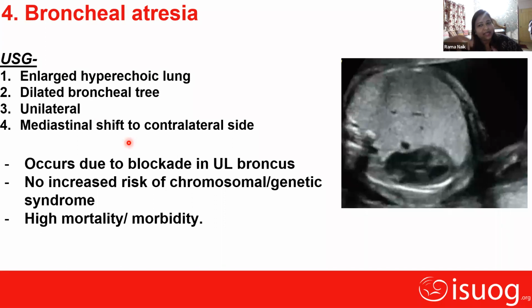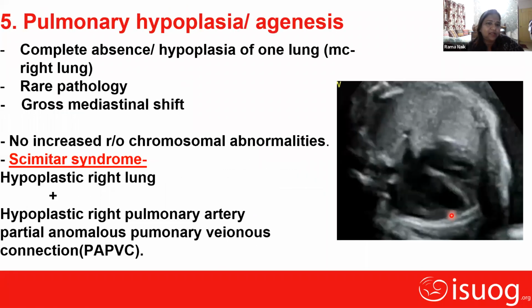The enlarged lung will push the mediastinum to the other side, so you will get a picture like this. This unilateral lung is so dilated, so enlarged and echogenic, and it has pushed the heart to one side, and the other lung is not visible. So this is the bronchial atresia picture, and it also has a high mortality.